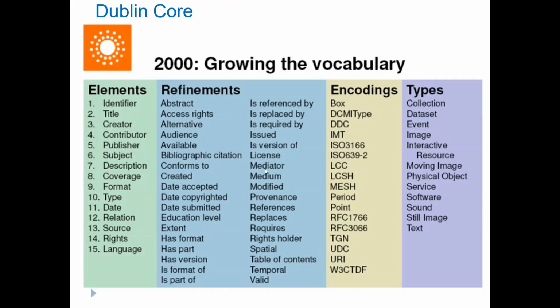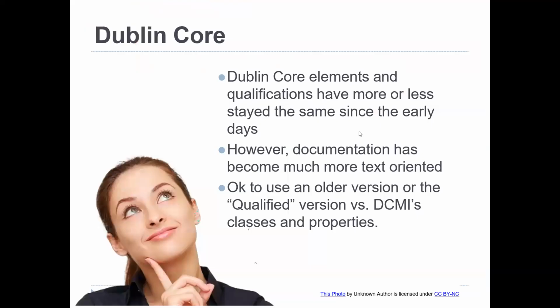Although they may link to Dublin Core with the classes and properties that has a little bit more, the fields that appear in the work forms are the 15 elements. So it's okay with me if you go look for older documentation of Dublin Core. And some of the older documentation does appear on the Dublin Core website.